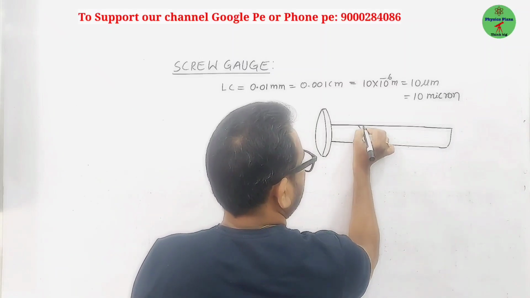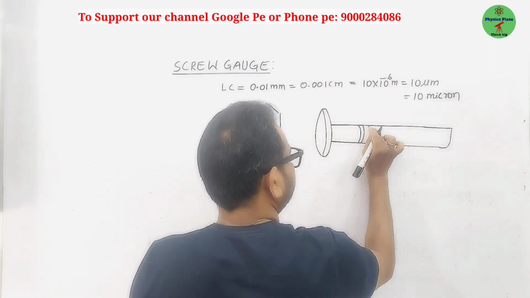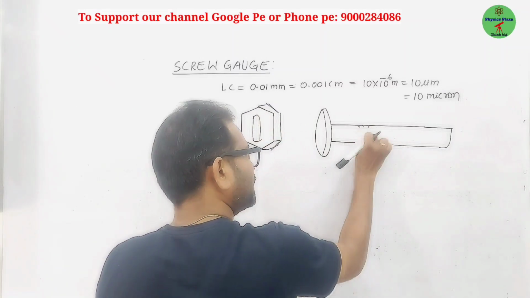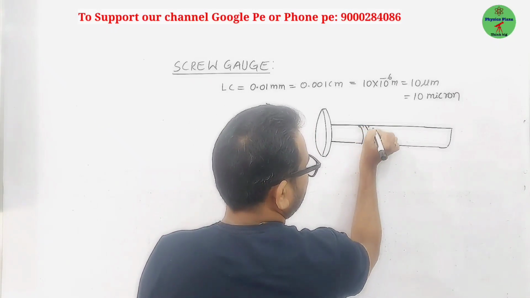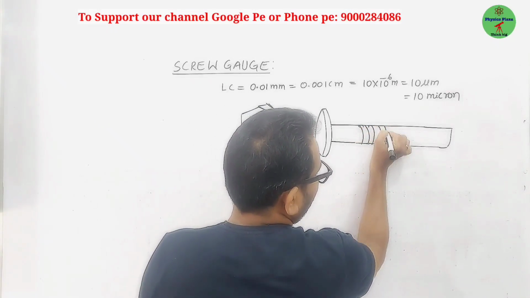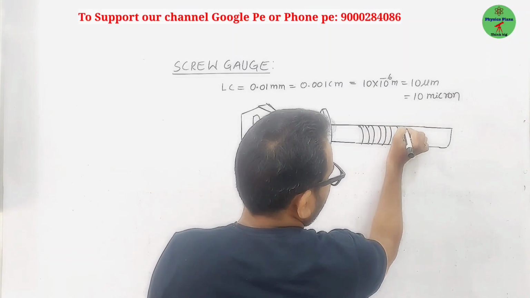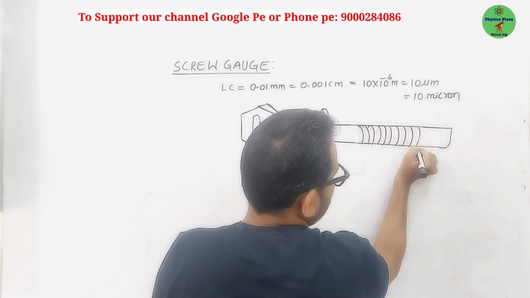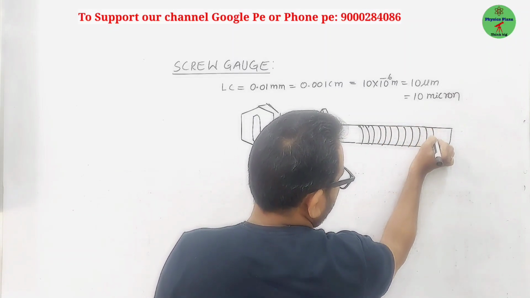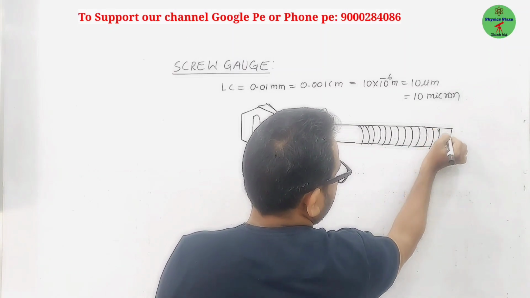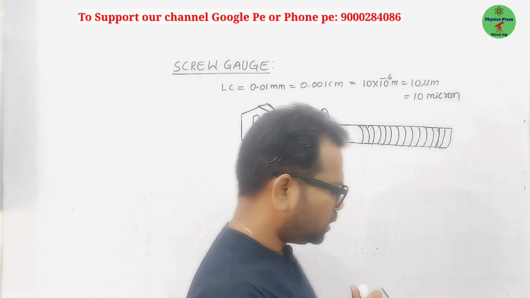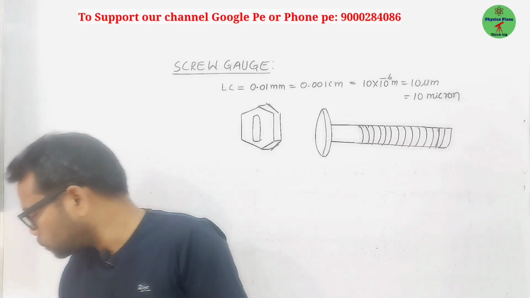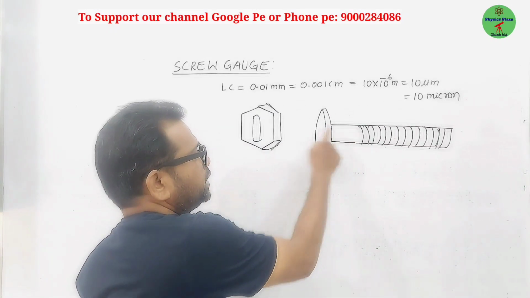In the screw, some threads will be there like this, not in an irregular manner but in a regular manner. Please excuse me, I am writing like this. Children, the session will go up to 1.5 hours because we are trying to cover each and every point of the chapter. These are the threads. Fine, children, now let us try to understand. Here is a screw, here is a nut.